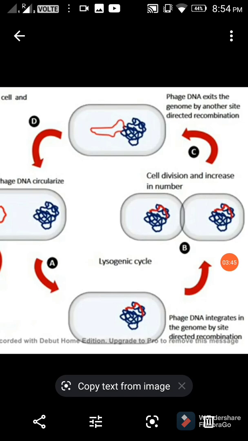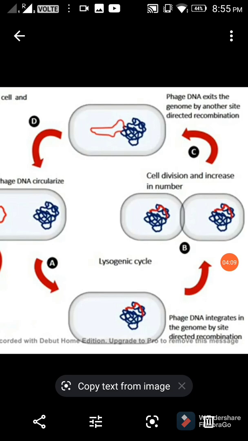So what happens in figure B? When the host cell divides, the prophage is also passed on to the new offspring. When the cell divides, the phage DNA also increases in number.